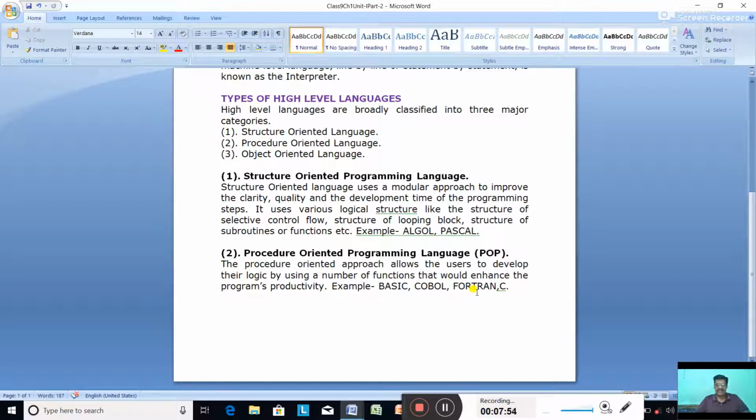What is needed? Flow chart. In procedure-oriented programming, most of the functions share global data, globally used, and this data moves more openly around the system from one function to another.